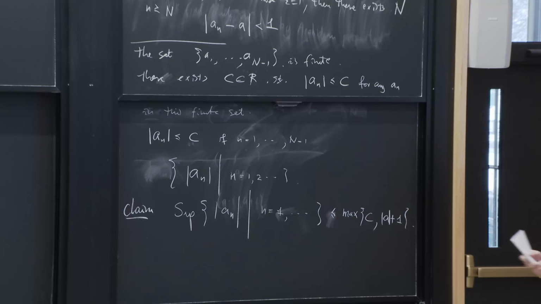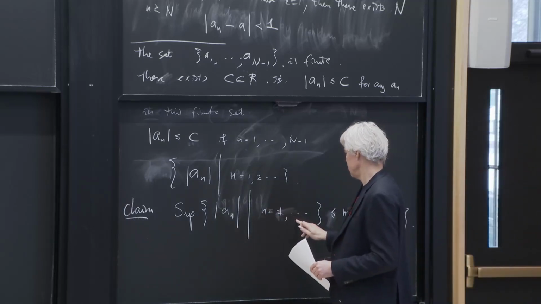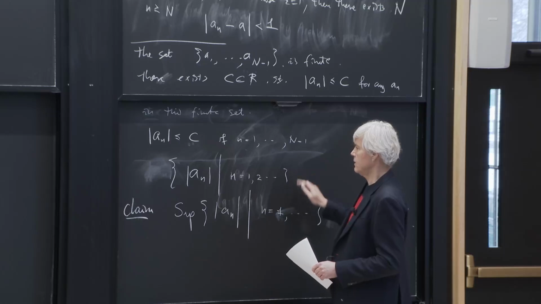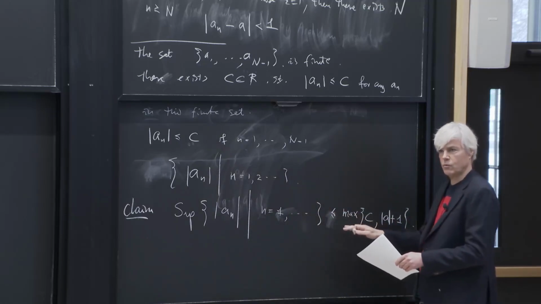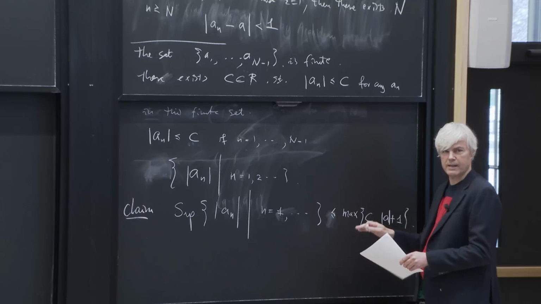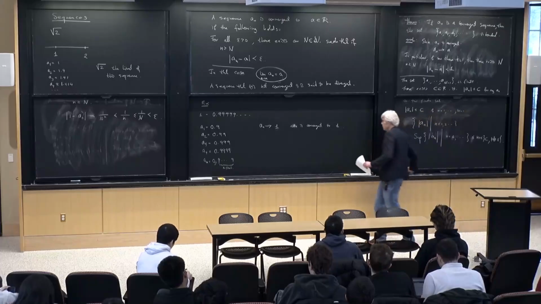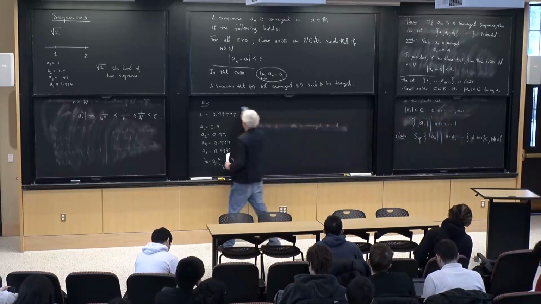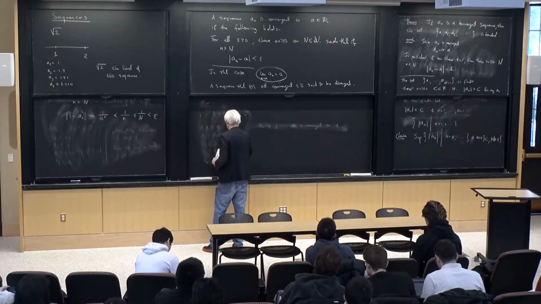Now this is clearly the case if you're taking the first N minus 1, then we already know that they are bounded by C, right? So you just need to worry about the ones starting at capital N, right? So this is obviously the case for the first capital N minus 1.